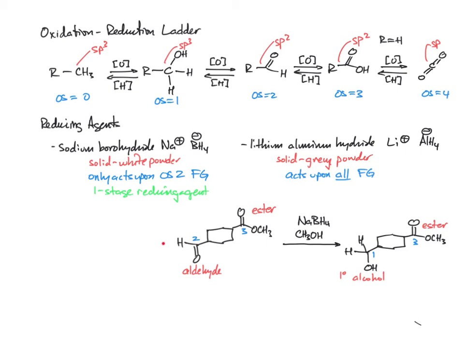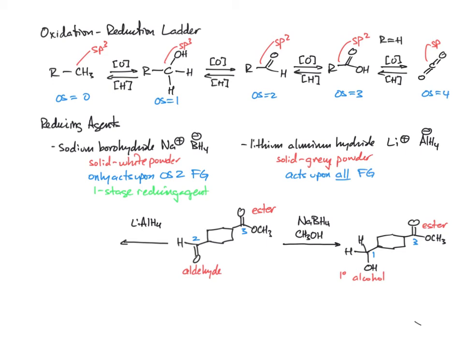So what about alternatively if we treat this molecule with lithium aluminum hydride going this way to the left here? Now lithium aluminum hydride, because this acts upon all functional groups, this is very reactive. Sodium borohydride is less reactive, it's more selective. Because this acts upon all functional groups, we actually have to use a different solvent.